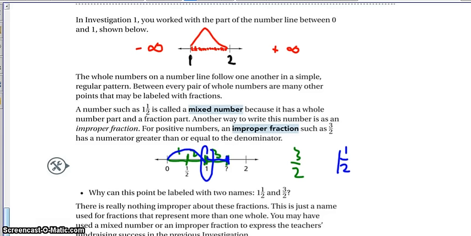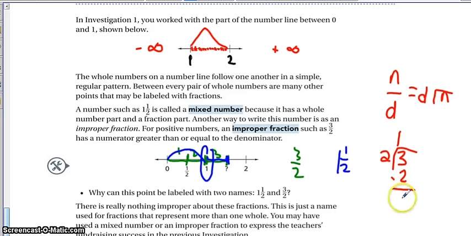Now, we can convert between the two. For example, we talked about fractions being nothing more than an addition or a division problem. So if we take our numerator and divide it by our denominator, if we take 3 and divide it by 2, we're going to have one whole, and that leaves us with a remainder of 1.